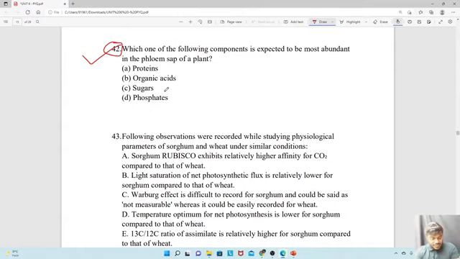Come on friends, please be active for some time. What will be the answer for question number 42?